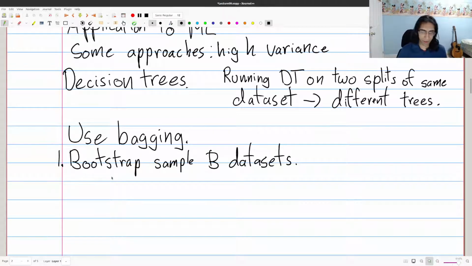And you know how this is done. We just take our data set of size n, and we do the sampling with replacement to generate one data set of size n, which may have some repetitions. And then we do it again b times to make b different data sets from the training set.